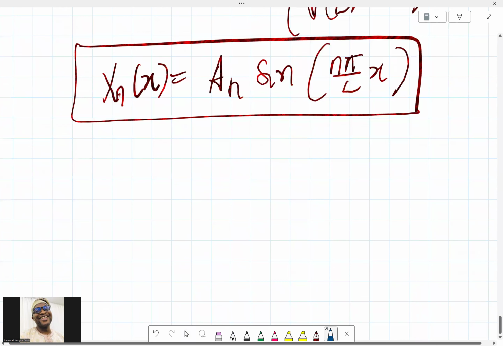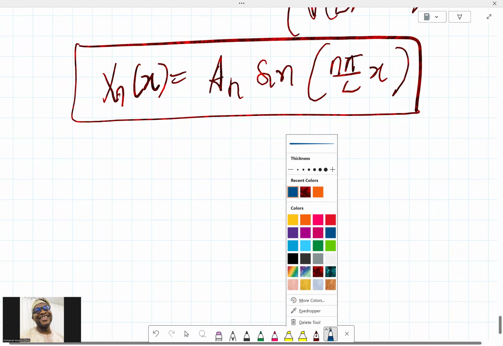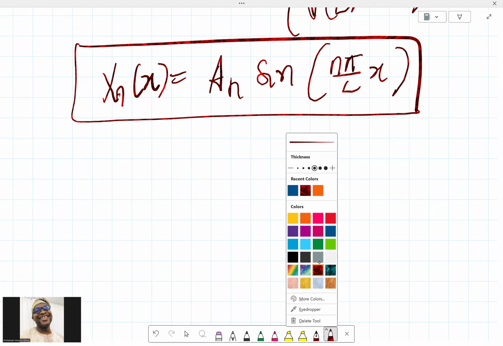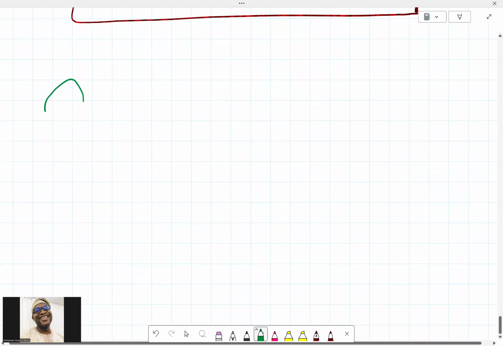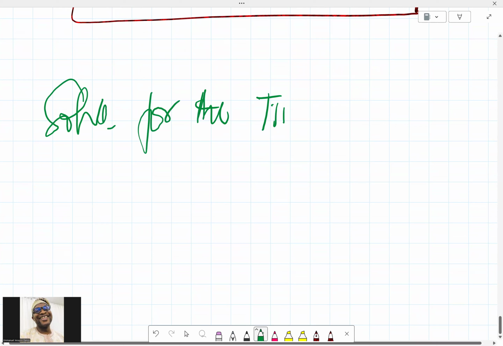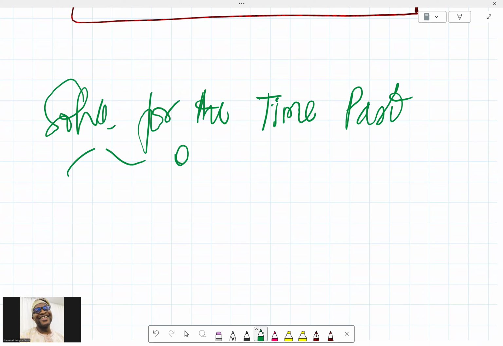Okay, so we can go ahead and solve for the time part. We've taken care of the space part. Solve for the time part, which is T of t.